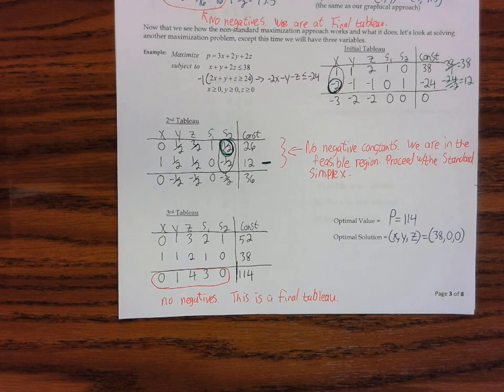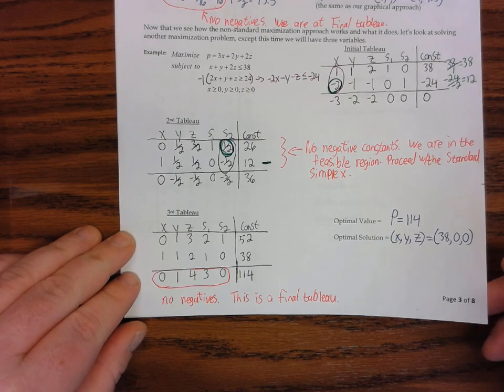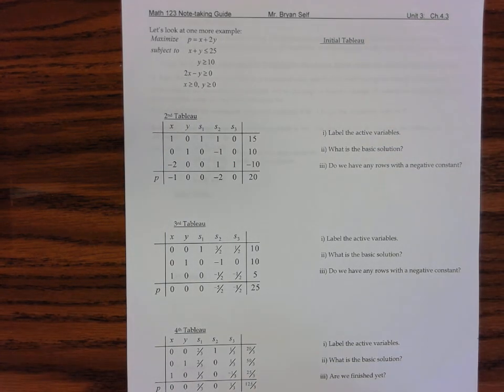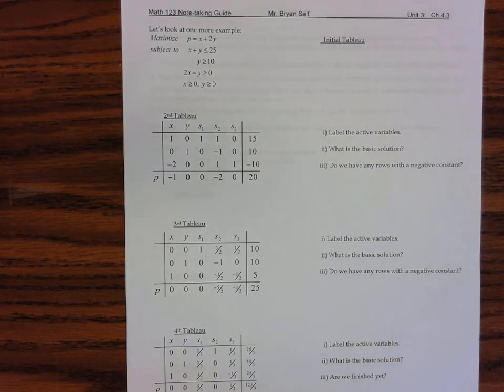Continuing on, we have a problem at the top of page 4. So, maximizing this problem, note there are just two variables, so you could do this one graphically if you wanted, but we'll go through the algebraic approach and I will let you check this on your own graphically if you wish.